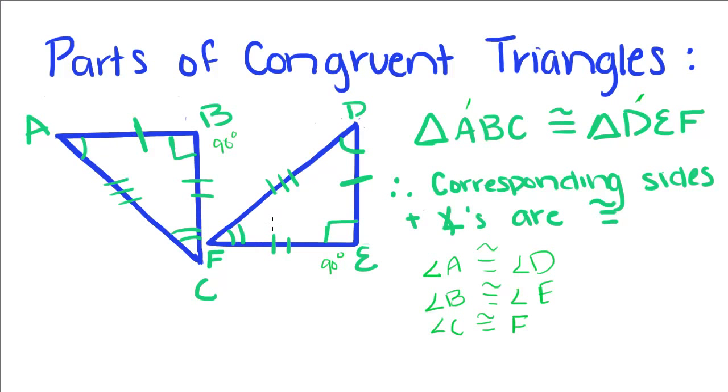So not just the angles, corresponding angles are congruent, but the corresponding sides also are congruent if these triangles are congruent. So AB is congruent to DE.